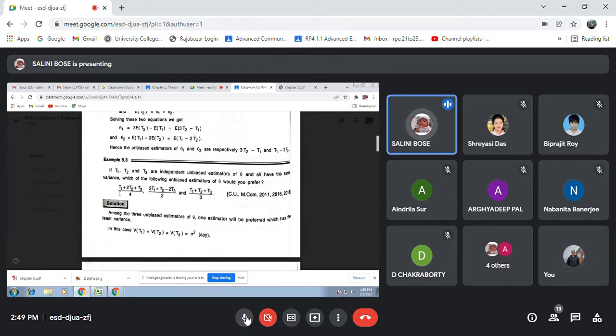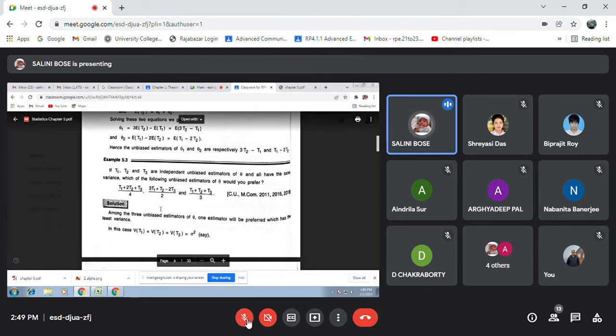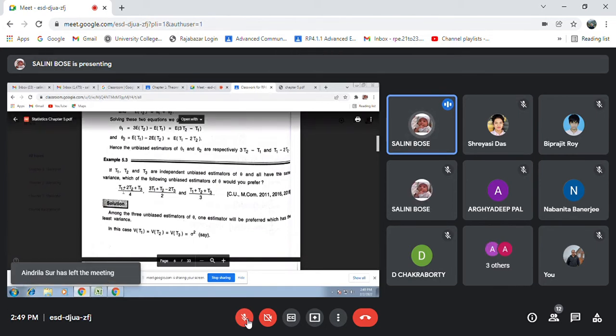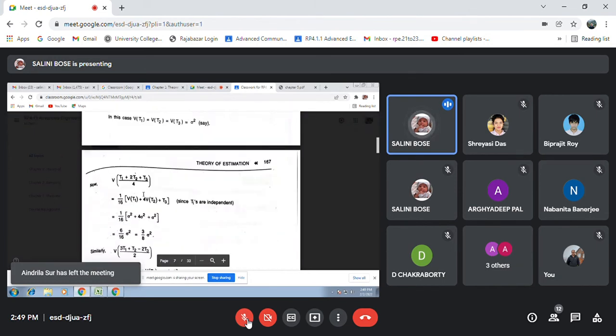How will all of them have sigma square? Look at the coefficients, there is 2, there is 4, so it will change for these. See, variance of T1 plus 2T2 plus T3 by 4.